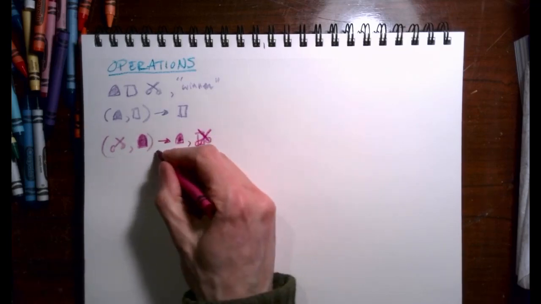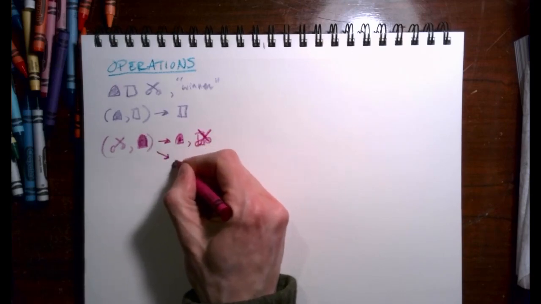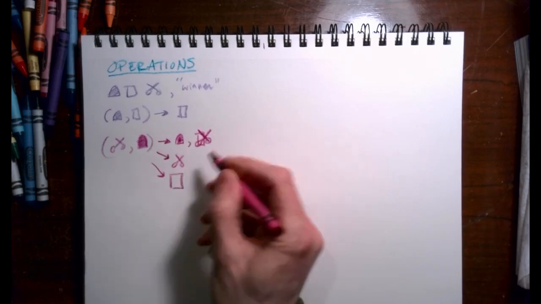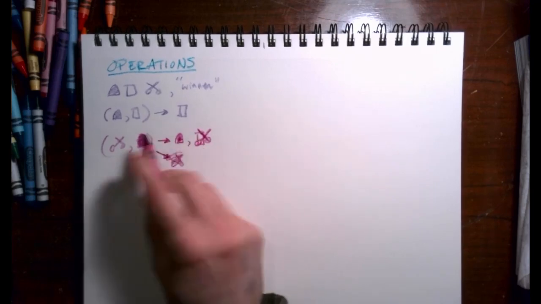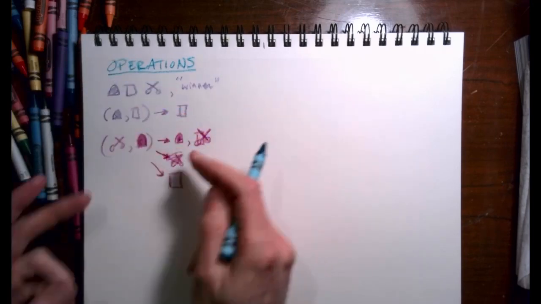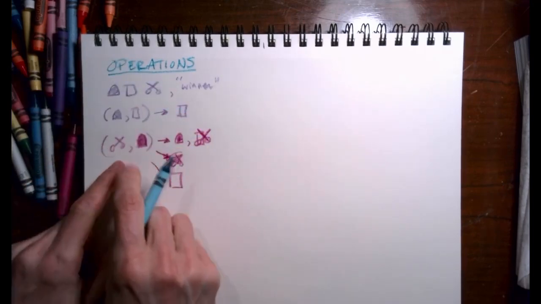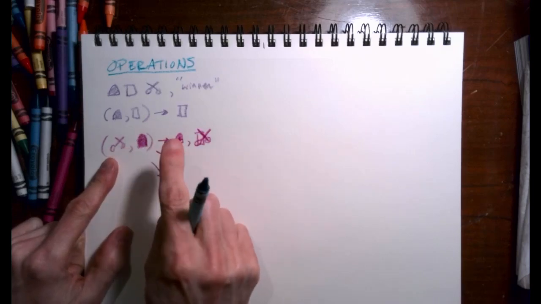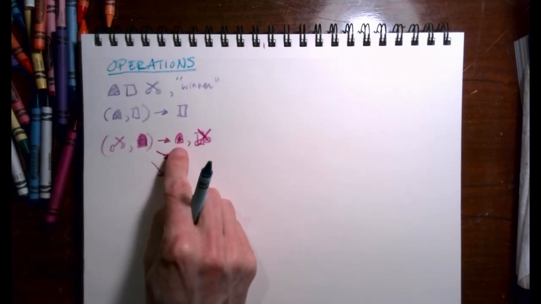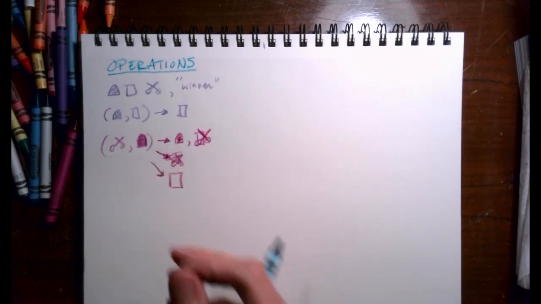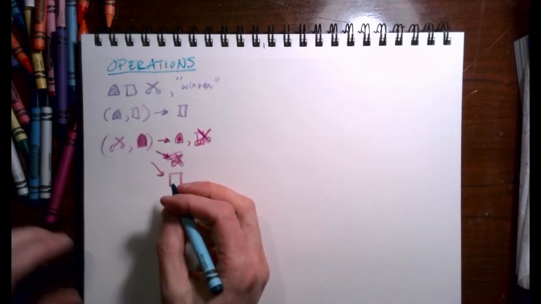Or it goes to either one. You choose. It's up to you. Or it could go to any of them, or these two. We can't have anything like this. To be an operation, each ordered pair from the set must assign to only one thing. It must uniquely assign.